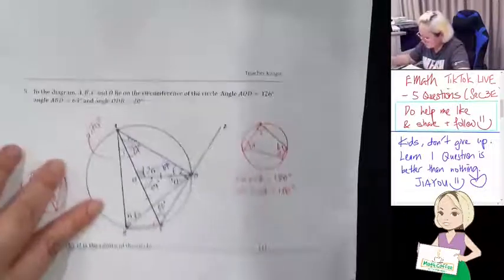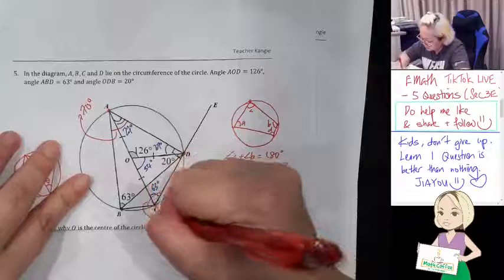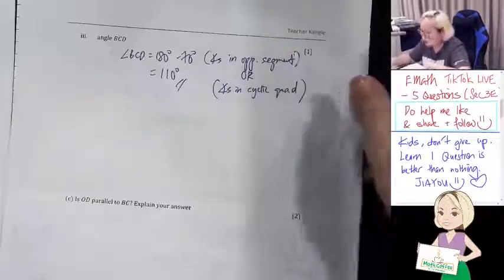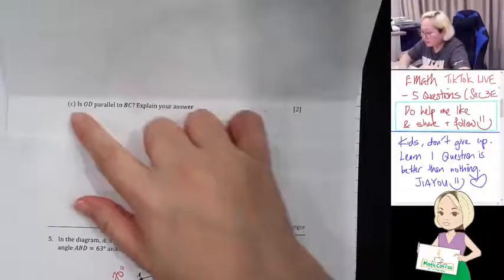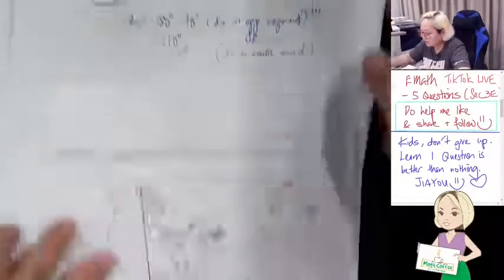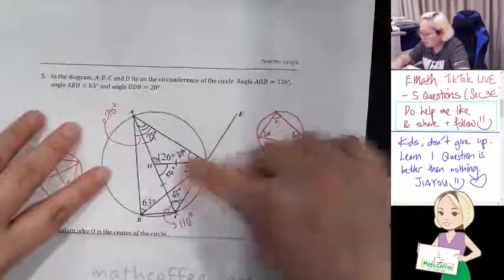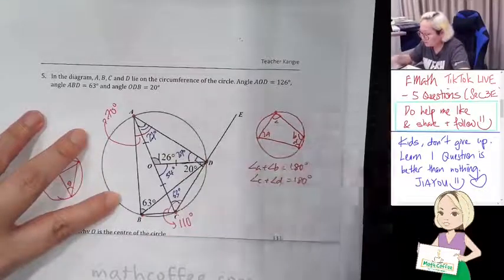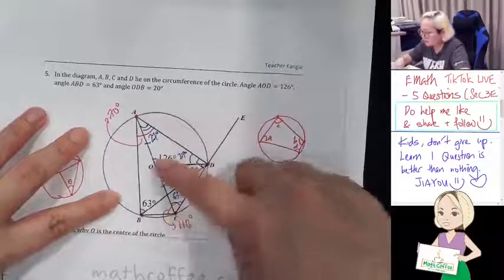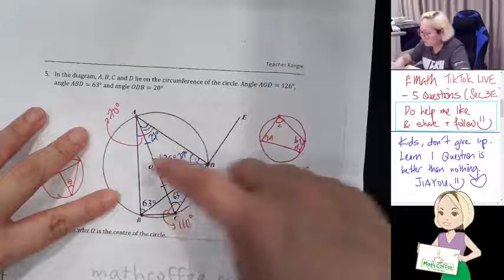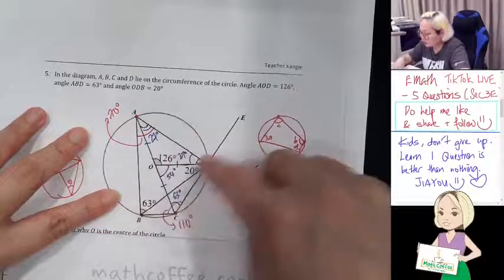Let me update the diagram. This is 110. Now they ask, is OD parallel to BC? Explain your answer. Let's see OD and BC. They're asking whether this line is parallel. So how do you find that it's parallel?